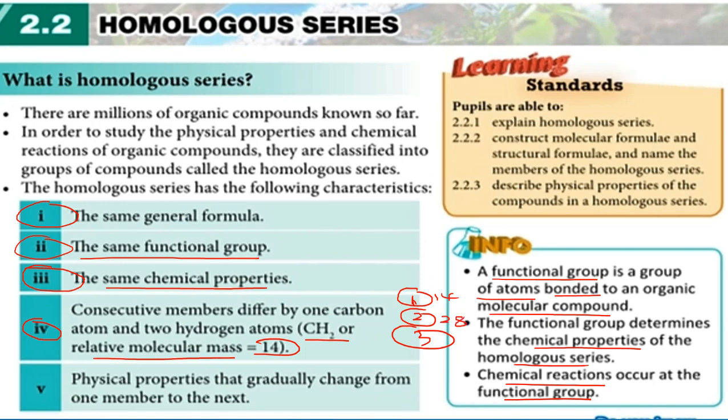Yang ketiga tambah lagi 14. And then yang seterusnya adalah physical properties that gradually change from one member to the next. So itu adalah characteristics of homologous series.